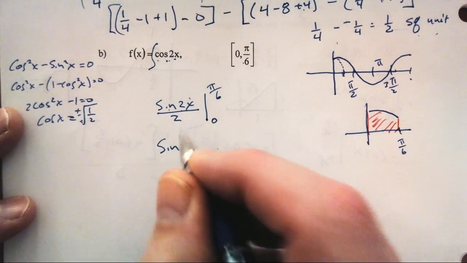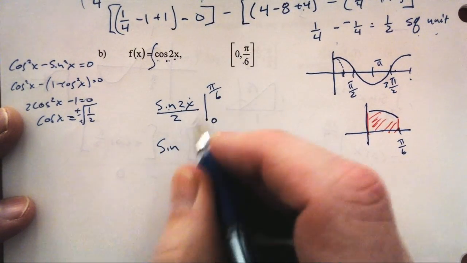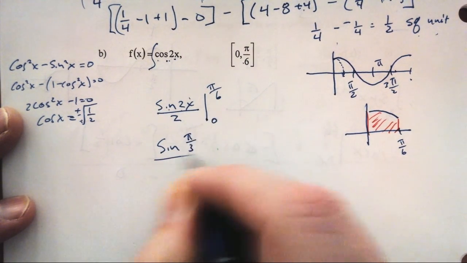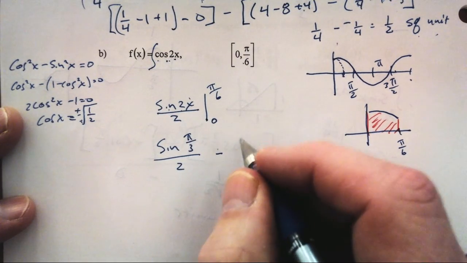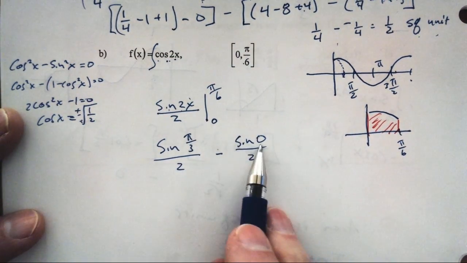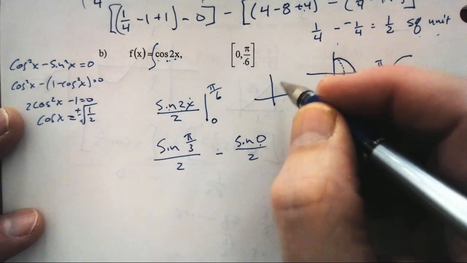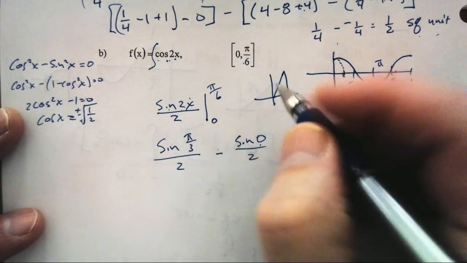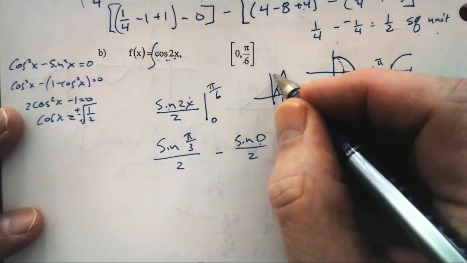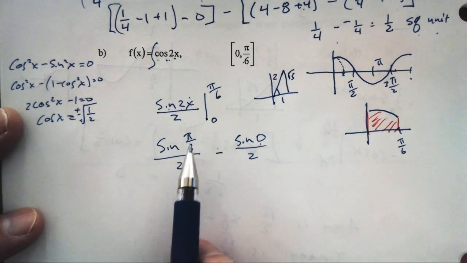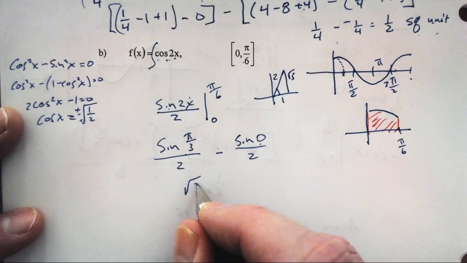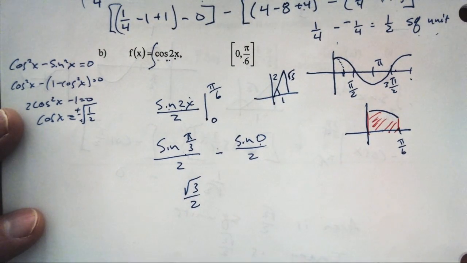So I get sine of 2 times pi on 6, or pi on 3, all on 2, minus sine of 2 times 0, all on 2. Sine of 0 is 0. Sine of pi on 3, if you have to build it, that's of course a 60. 180 divided by 3. This would be a 1, a 2, and a root 3. So we end up with root 3 on 2. Sine of 0 is 0. So root 3 on 2.